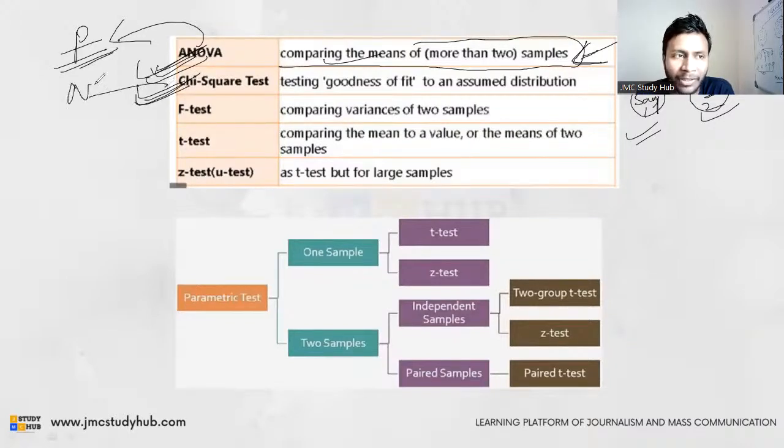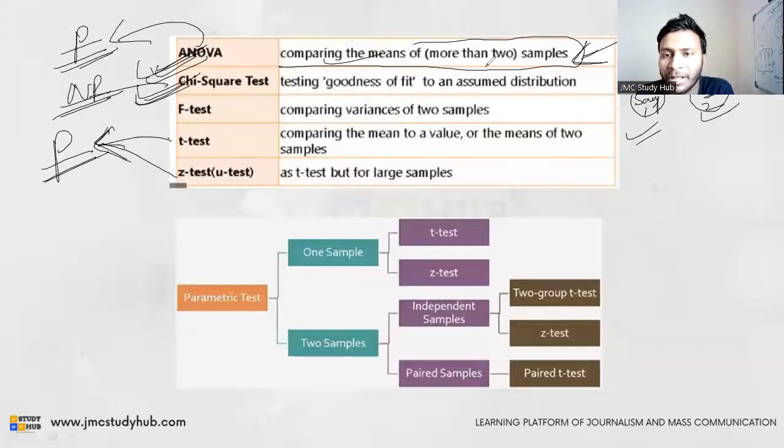Yes, that is NP. Okay, very good. Now t-test and z-test? Yes, that is parametric. Okay, so this is what we are discussing, which tests are examples for parametric and which are for non-parametric.